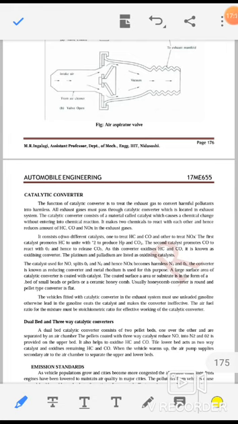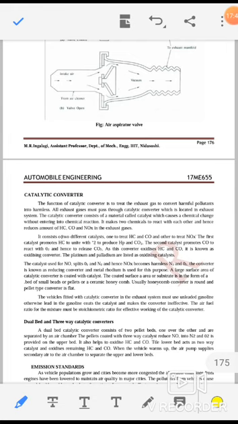Usually the honeycomb converter is round, and the pellet type converter is flat. Two types of converter shapes are used here: honeycomb shape and pellet type. Honeycomb is round in shape and the pellet type is flat in shape, coated with what I told you, rhodium.